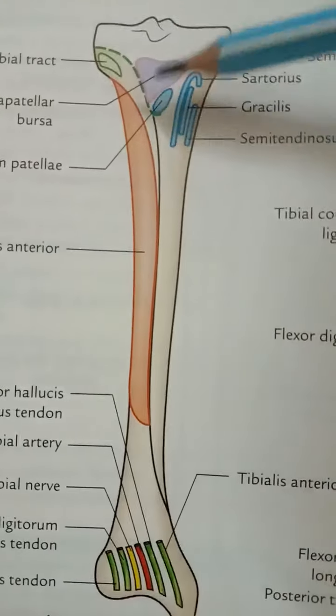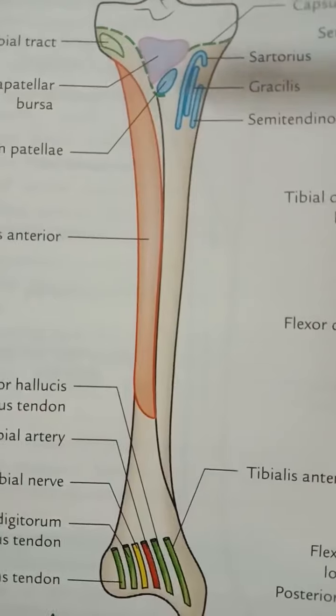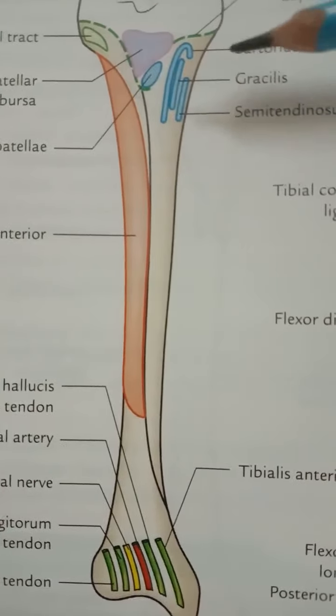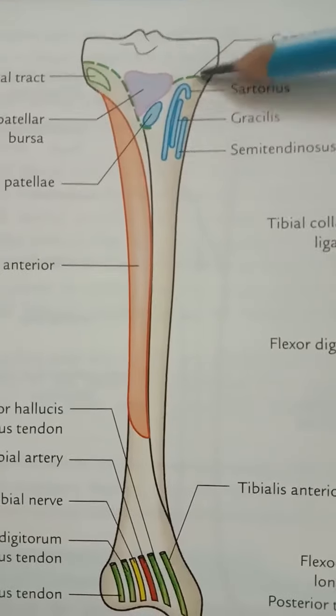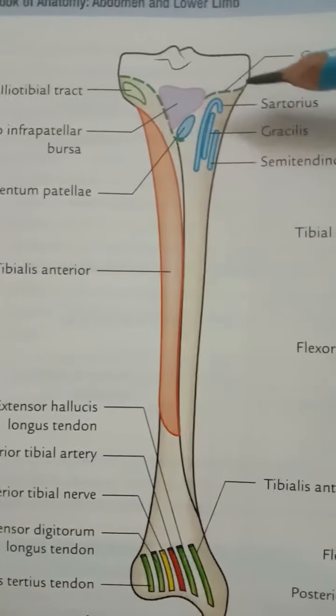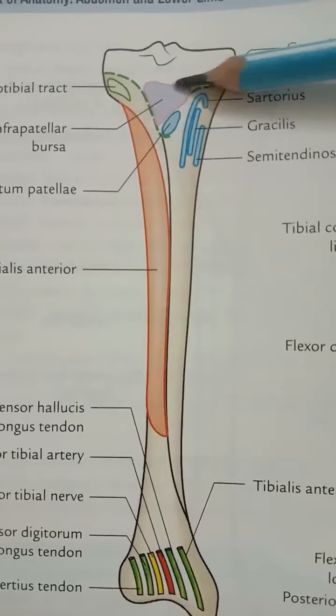Then attachment of the tibial tuberosity: the ligamentum patellae, here this one, is attached to the upper smooth part of the tibial tuberosity, so here in this area.